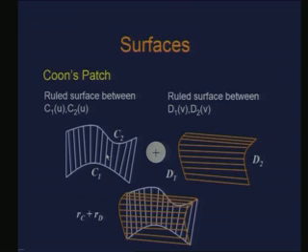See, through this ruled surface R c, I was able to satisfy the constraint for the boundary curves C 1 and C 2. Right. Similarly, I was able to satisfy here while using R d, the ruled surface between D 1 and D 2 for these curves.